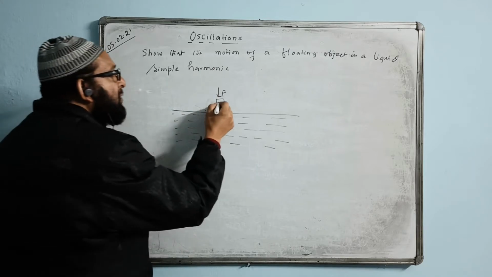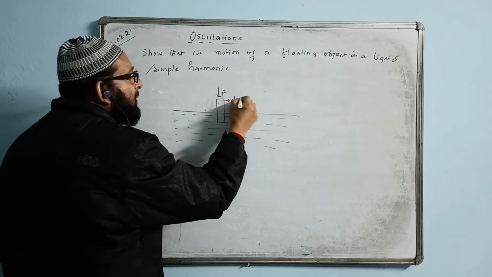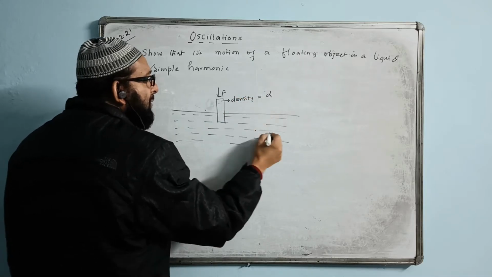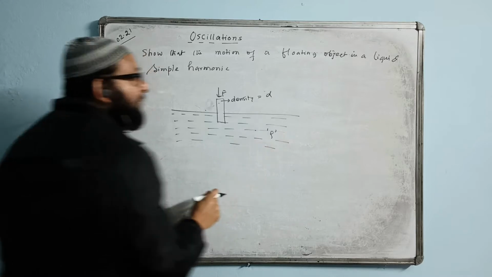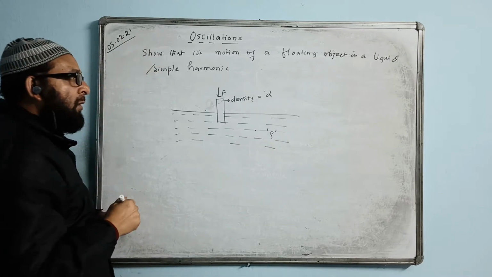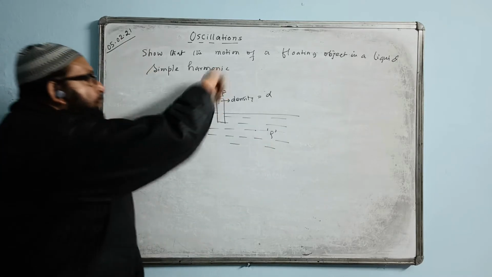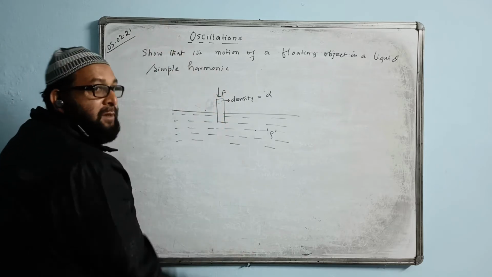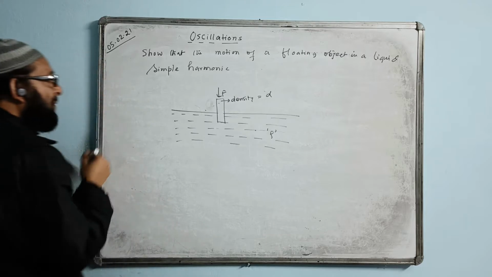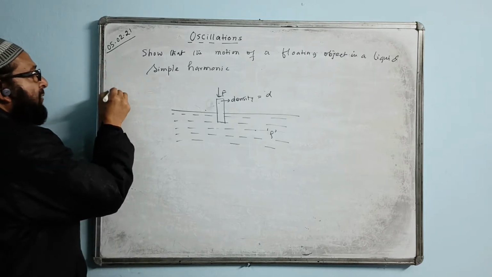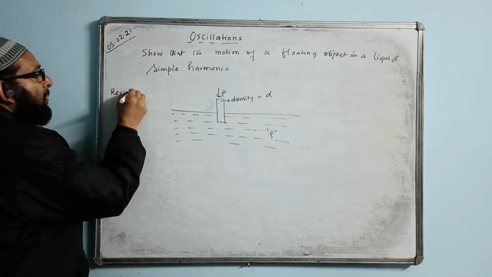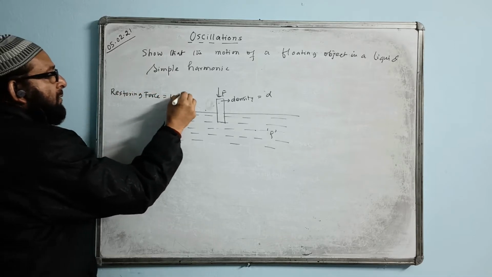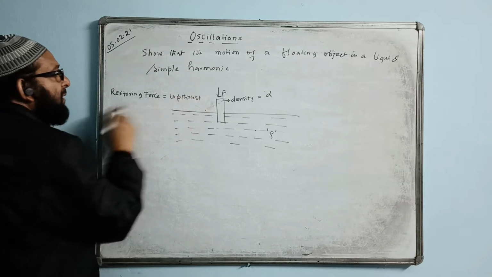We take the density of this object as d, and the density of the liquid is rho. So when we push it downward, then upthrust acting on it will be restoring its position. Here upthrust is the restoring force.